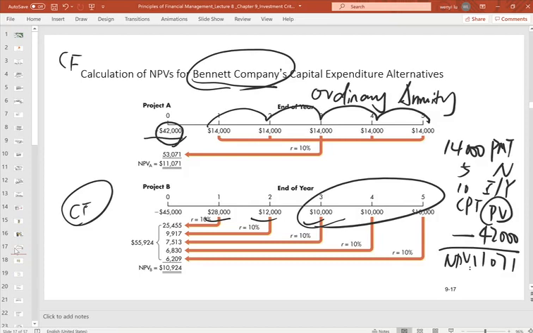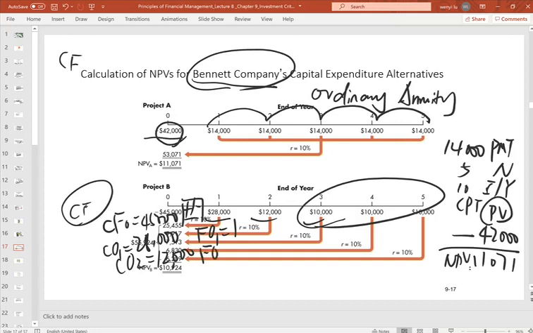CF0 here equals minus 45,000. C01 equals 28,000, F01 equals 1. C02 equals 12,000, F02 equals 1. C03 equals 10,000, F03 equals 3.